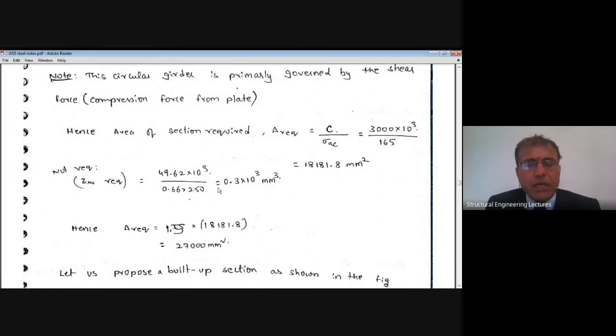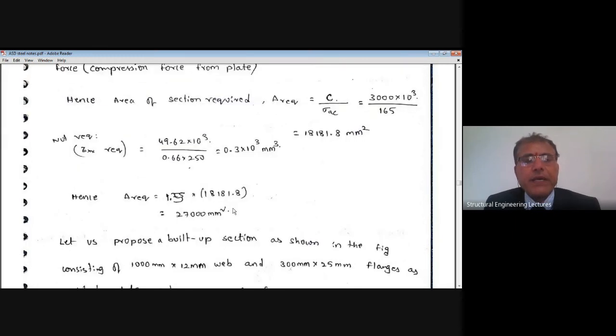Now it works out to a very small value, 0.3 × 10^3 mm cube or 0.3 centimeter cube. It's very small, which means this section modulus is very small compared to that of this area, 18,182 mm square. Hence this indicates that the area in compression will govern rather than the bending criteria.